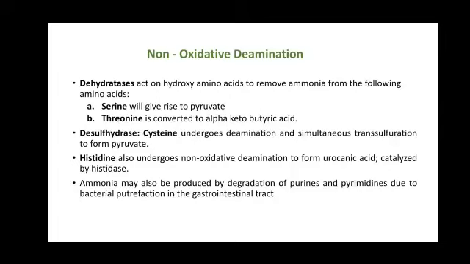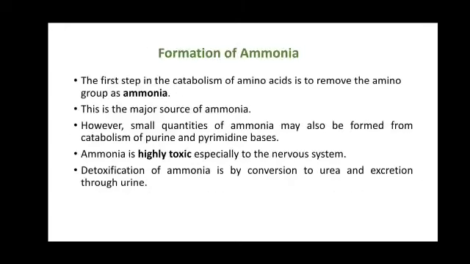Desulfhydrase is the enzyme where cysteine undergoes deamination and simultaneously transsulfuration to form pyruvate, and histidine also undergoes non-oxidative deamination to form urocanic acid, catalyzed by the histidase enzyme. Here the ammonia may also be produced by the degradation of purines and pyrimidines due to bacterial putrefaction.